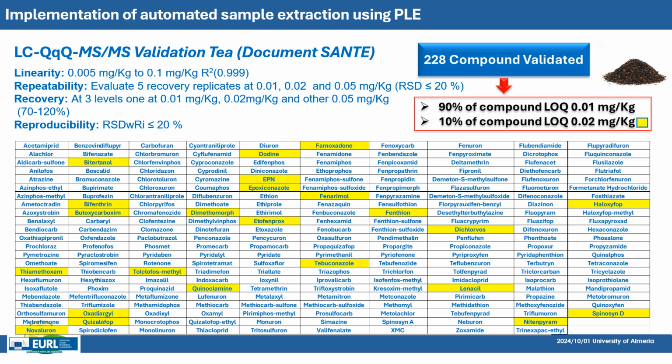The same validation criteria have been evaluated for black tea as for coffee. 228 compounds have been validated, of which 90% at a LOQ of 0.01 mg per kilogram, the remaining 10% at 0.02 mg per kilogram.